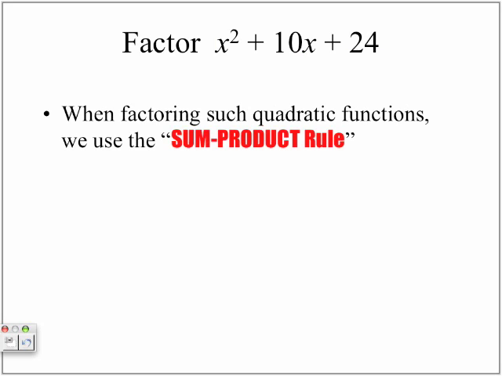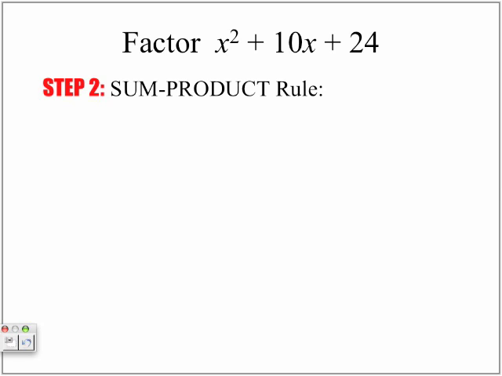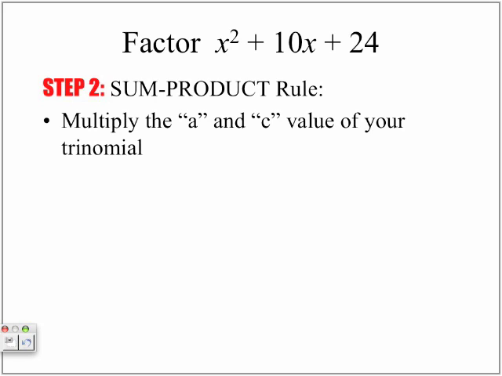When factoring such quadratic functions, we use something called the sum product rule. For the sum product rule, multiply your a and your c value of your trinomial. In this example, our a value is 1, so it's negligible when we're trying to find the product.